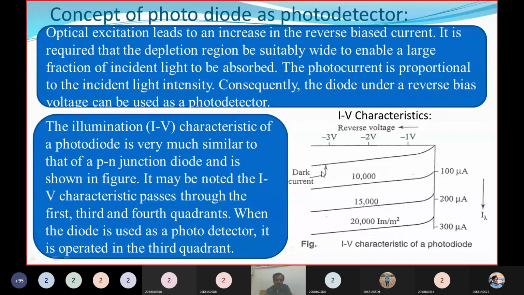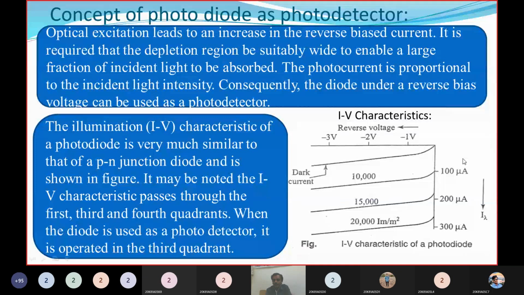Now, these IV characteristics of the photodiode are similar to the PN junction reverse bias characteristics. If you observe the PN junction diode characteristics, forward bias and reverse bias, the characteristics diagram is in three regions.